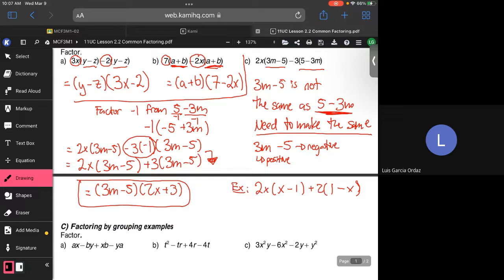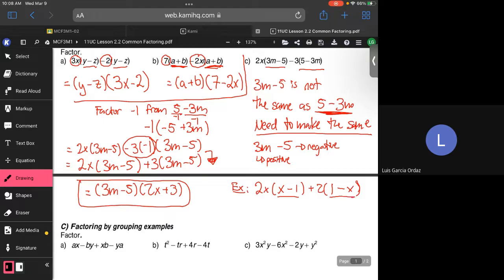And how would we make them the same? How would I make them both the same? So again, x minus 1 and 1 minus x is not the same.